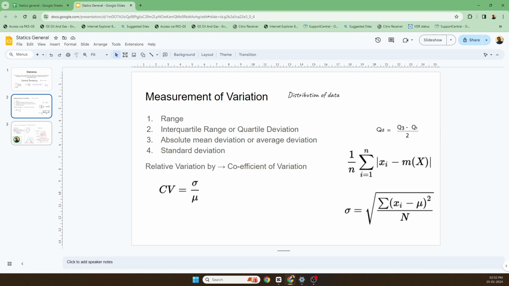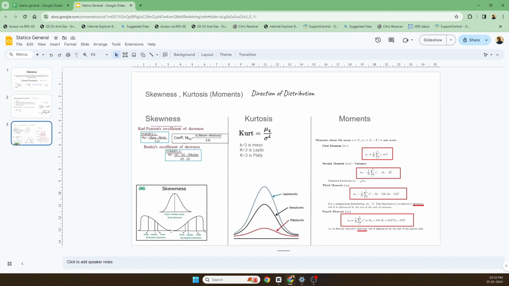And there are two possible ways, Karl Pearson's and Bowley's. There's another thing, when you say moments. The moments are like the zeroth, first, and so on, the power of x minus x bar. The second degree comes as the standard deviation or variance, and the third degree is part of skewness.